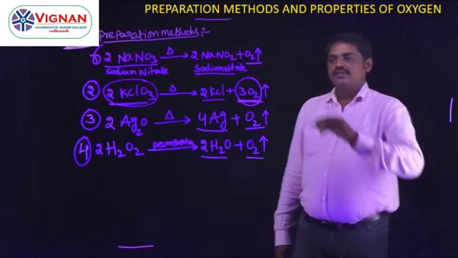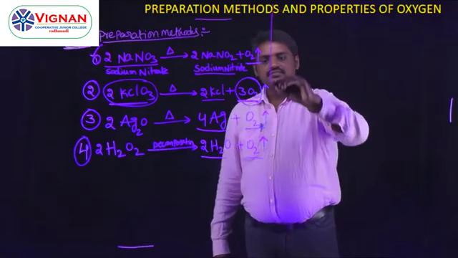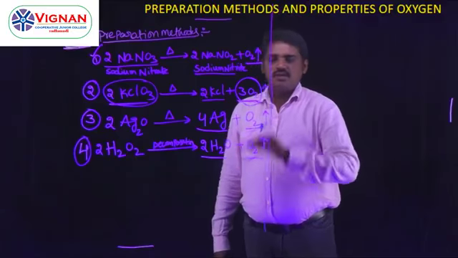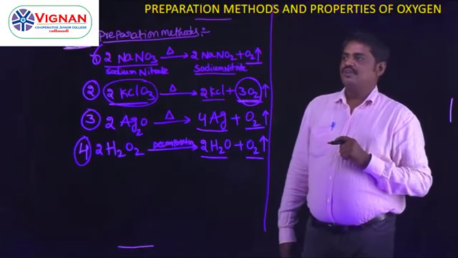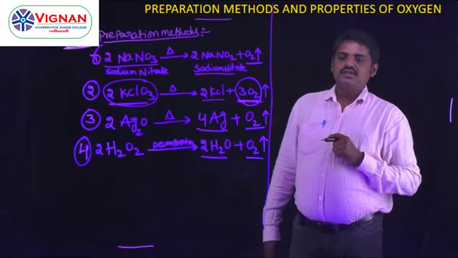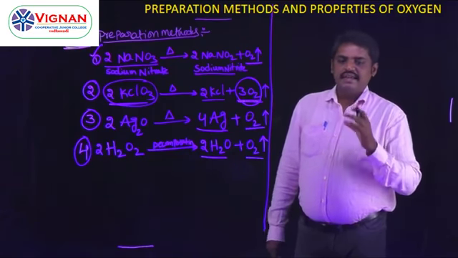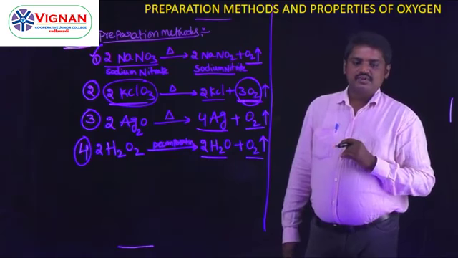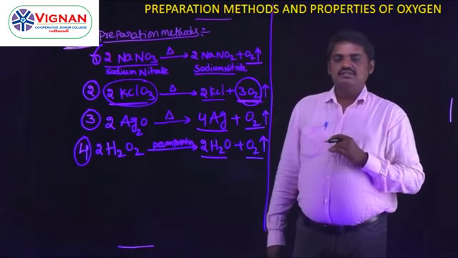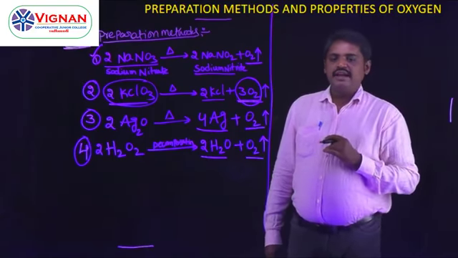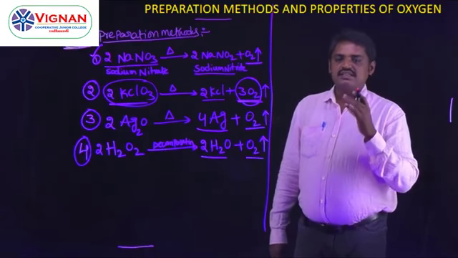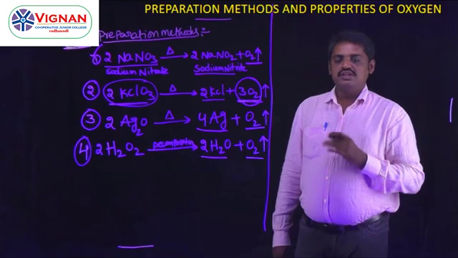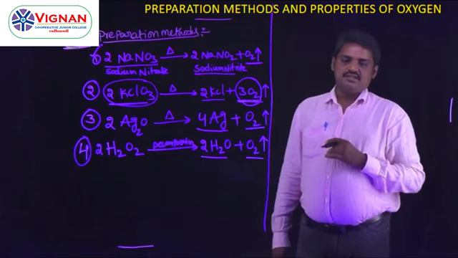Okay, so next, properties of dioxygen. Generally, dioxygen is used to make oxygen cylinders. These oxygen cylinders are used in hospitals.